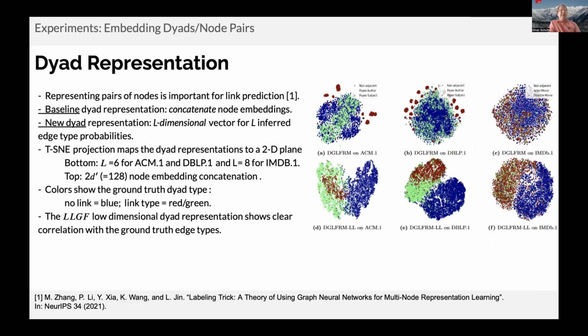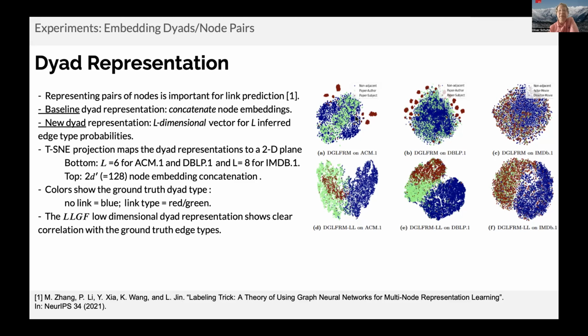As a baseline, we said, okay, the obvious thing to do, when you have a pair of nodes, you have an embedding for each node separately, is to concatenate the 2 embeddings. That will give you something like 2 times 128. And so now in this diagram, we're comparing these 2 embeddings.